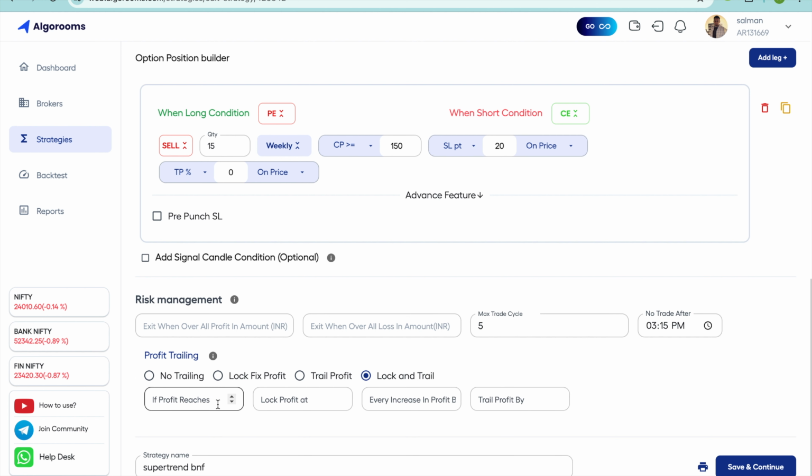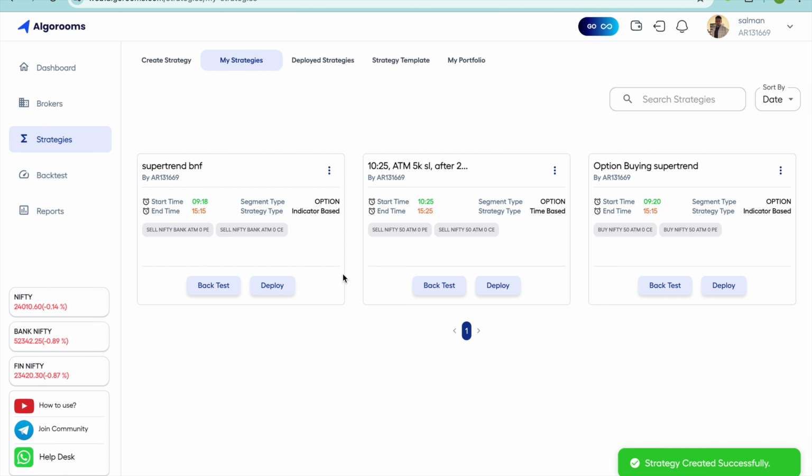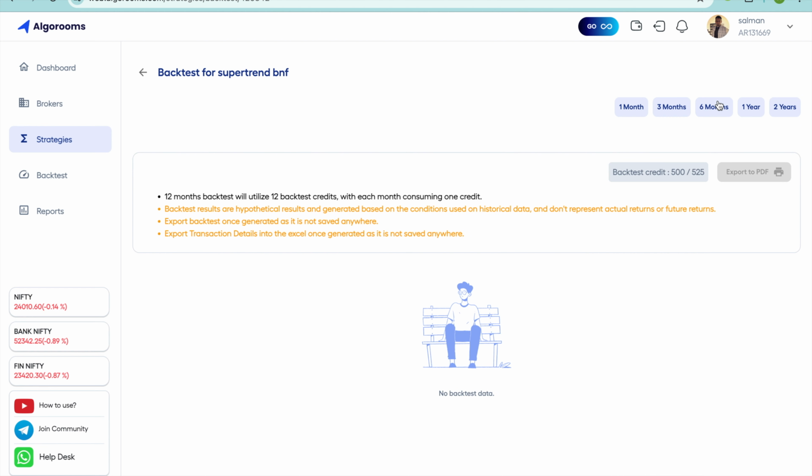We were seeing an average profit of around 1,000. So if a profit of around 900 is reached, you want to lock the profit at 300. Then after every increase of 100 points, we can trail the profit by around 50 points. That is fine. Now let's save this strategy and backtest.